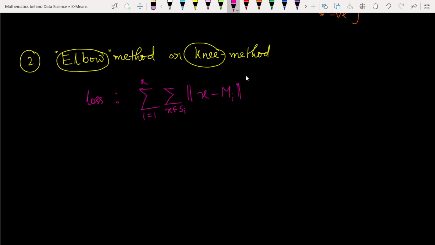We want to minimize this loss function, which we have already seen.